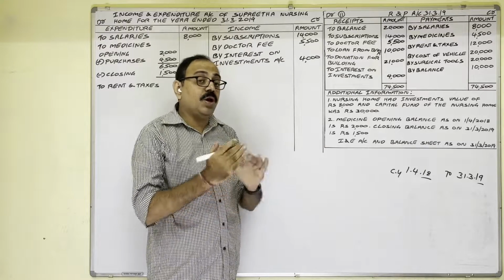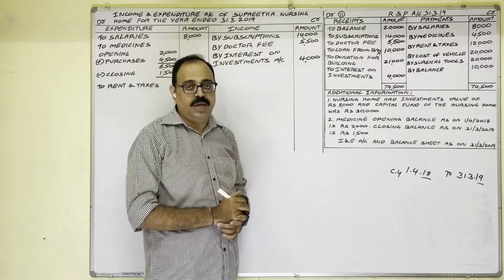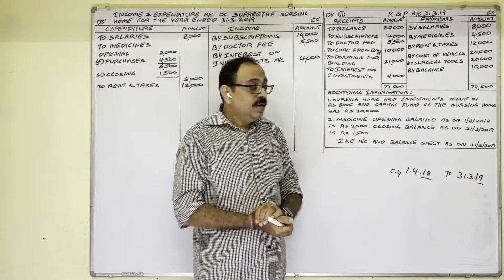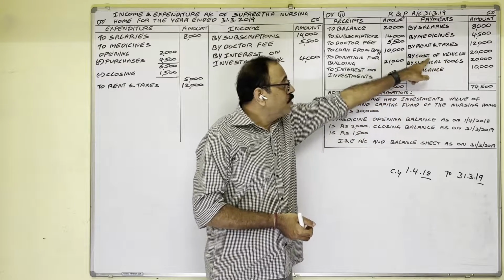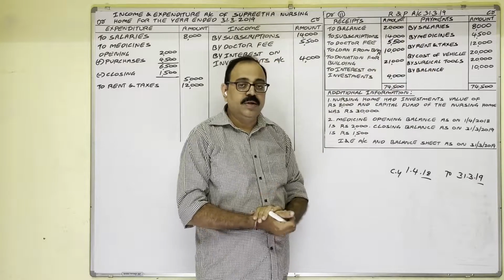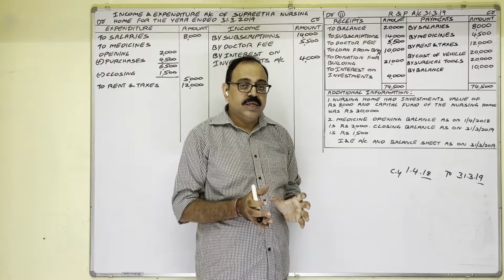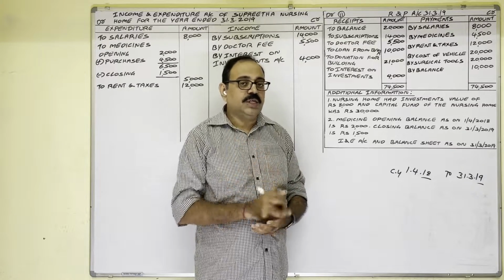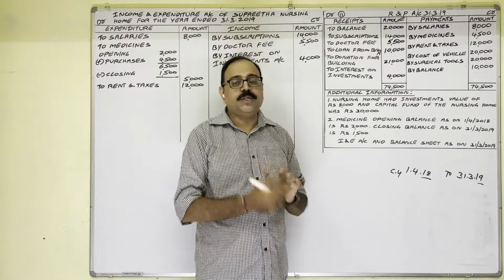Next, cost of vehicle. The payment side is giving cost of vehicle, meaning during the year we purchased this vehicle. So vehicle is a fixed asset, no? Even surgical tools also the same. These are two fixed assets we have purchased in this current year. So fixed asset purchase is a capital expenditure, meaning it is a rare expenditure.